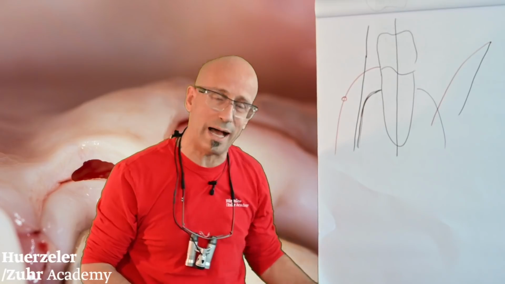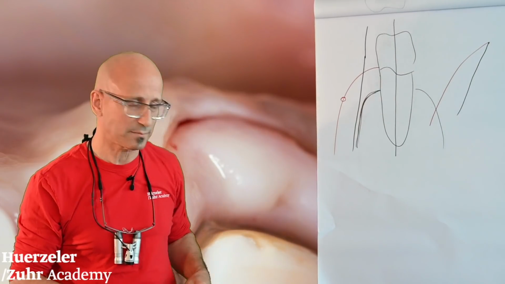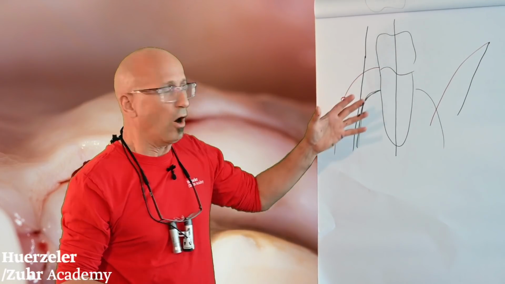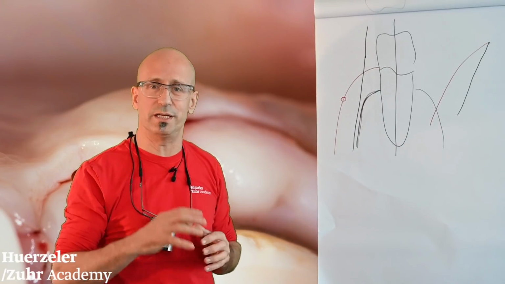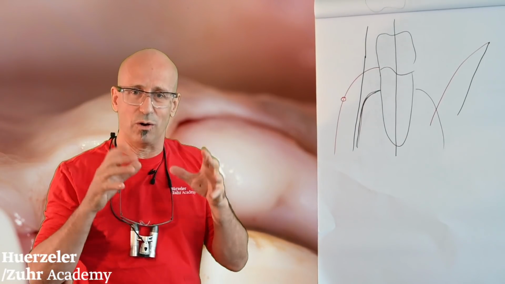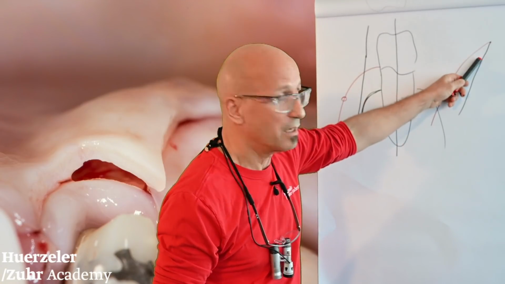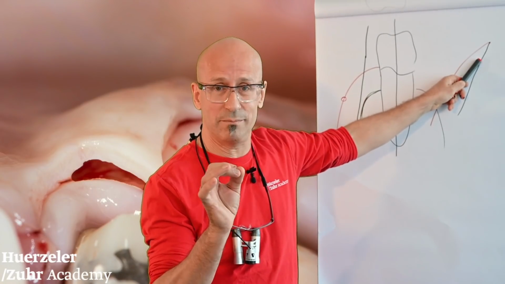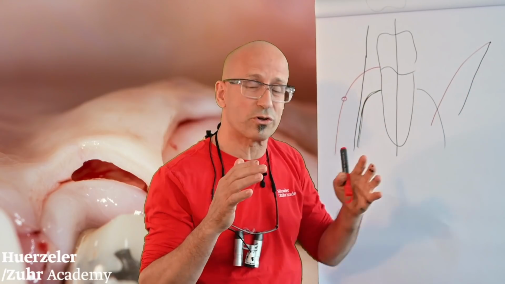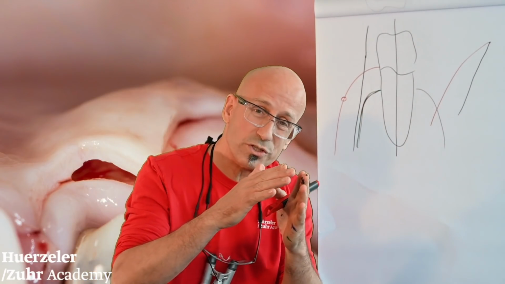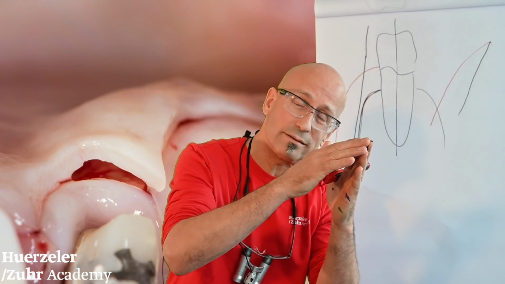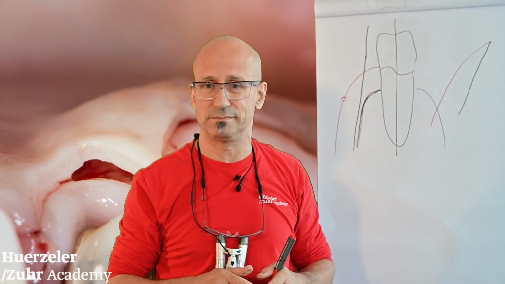What is going to happen when you do that? And this is obviously, hopefully, for everybody here in our room, a thinned out flap. So you create a flap which is getting thinner and thinner toward the coronal part.